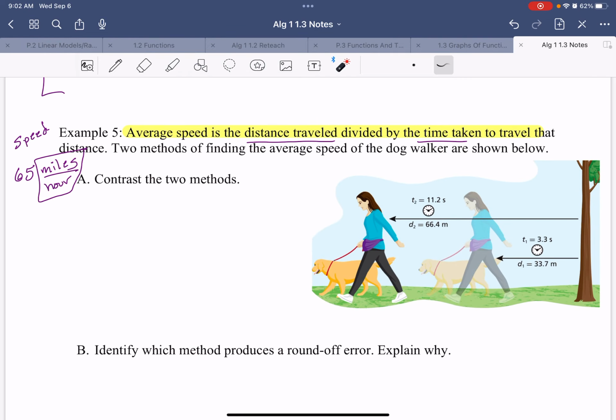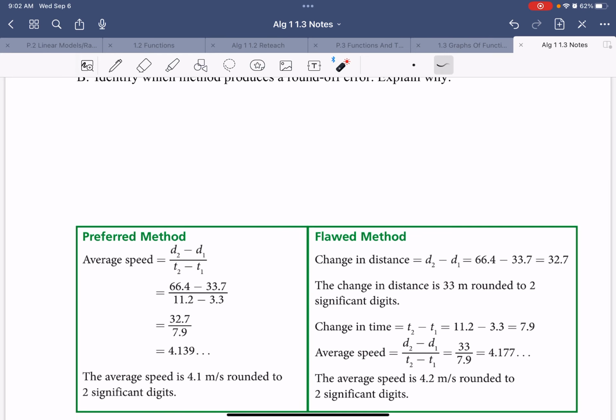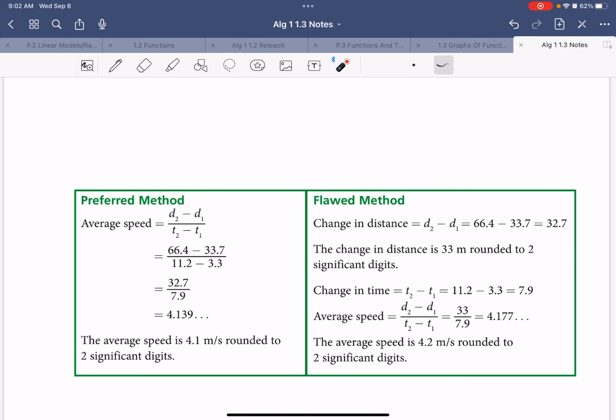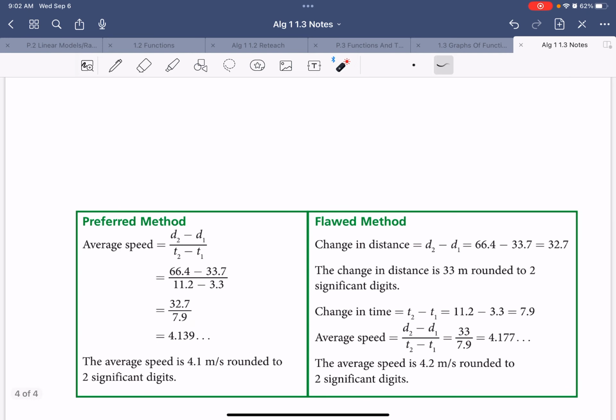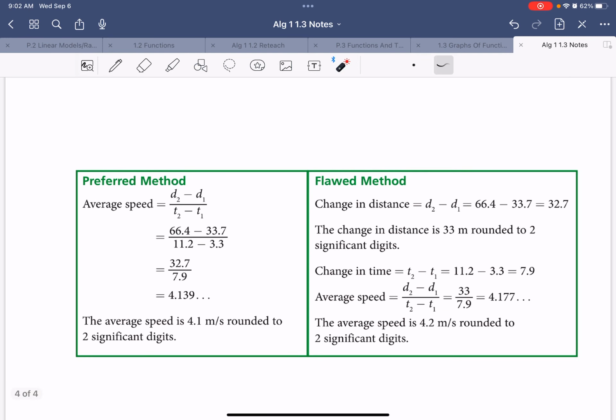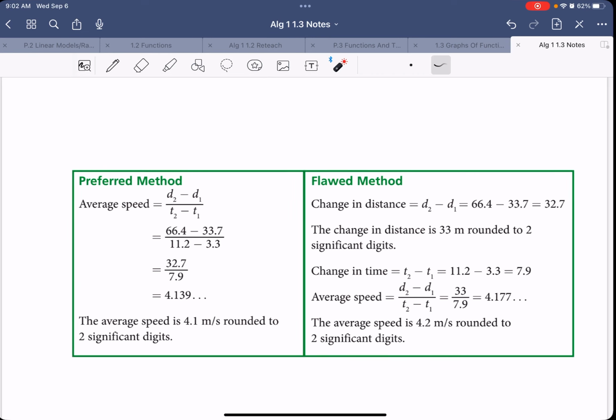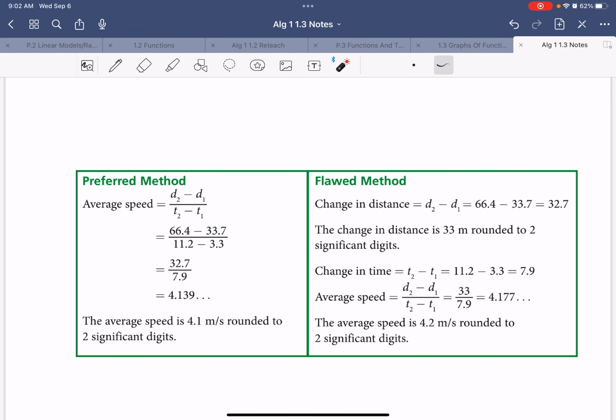She was at 11.2 seconds here, 3.3 seconds here. So they figured the difference between those two. It took her 7.9 seconds. And then they divided. After they divided, they got this long decimal. But since this is a subtraction and a division, we have to look at significant digits. The smallest number of significant digits is 2 with that 3.3. So we had to use 2, and we rounded to 4.1.